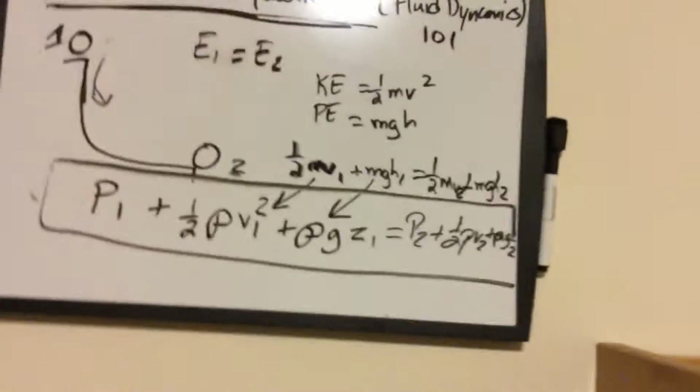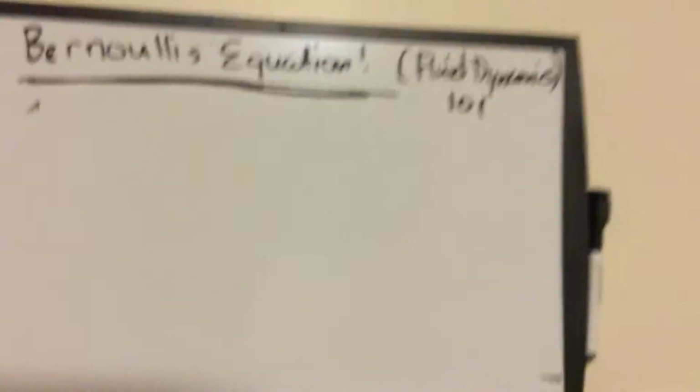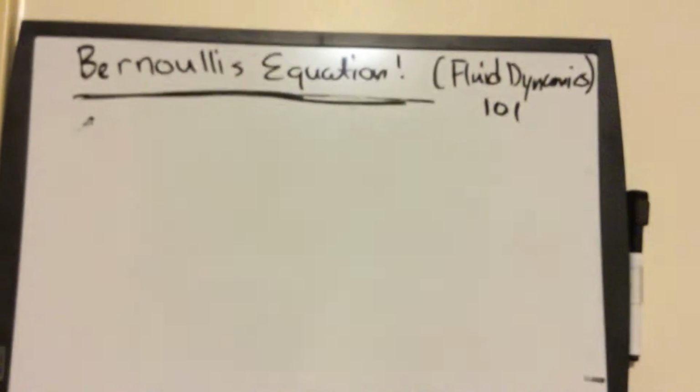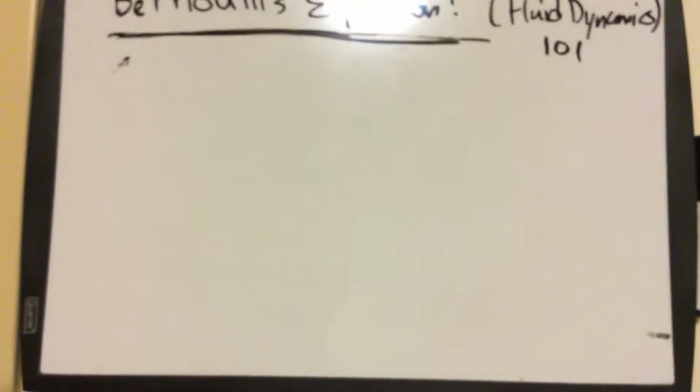So let's talk about the application. Just like the conservation of energy, you can find the velocity or the potential energy at any point, state 1 or state 2.